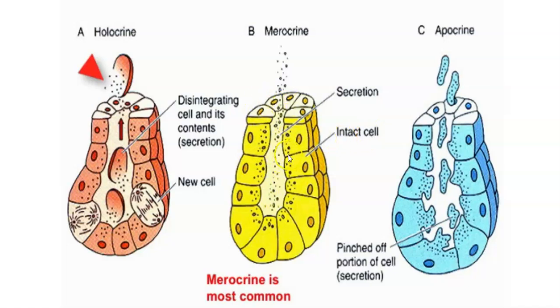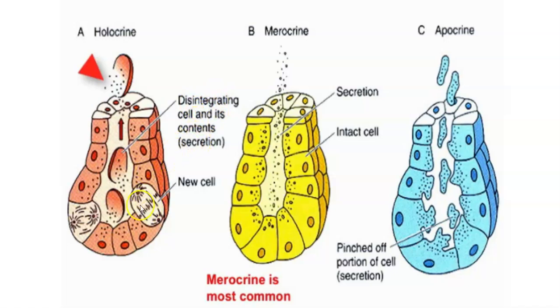Nothing happens to them. Over here in apocrine, I don't know if you can tell, it says pinched off portion of the cell. So a top portion of it is pinching off and then it's coming up and being released. Here on holocrine, we are seeing the entire cell is being destroyed, disintegration of the cell and its contents.